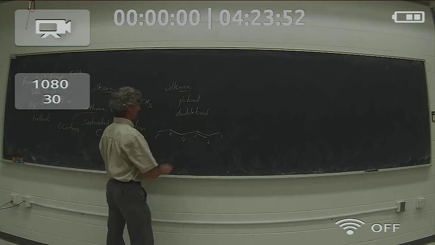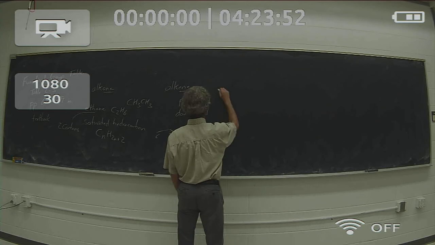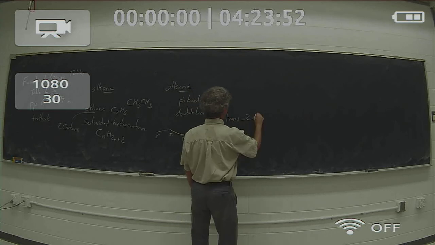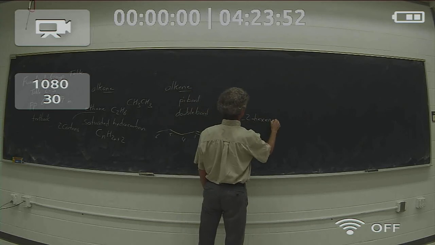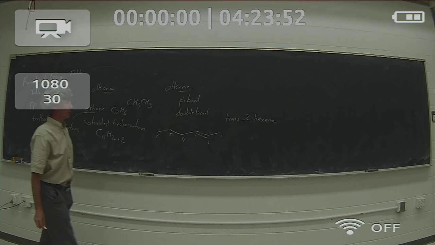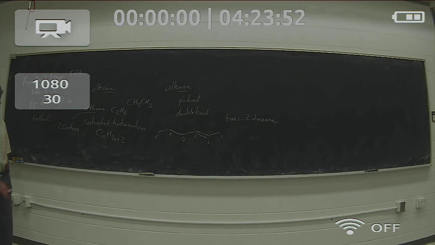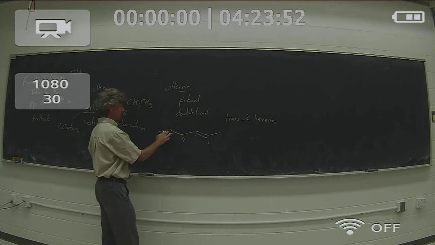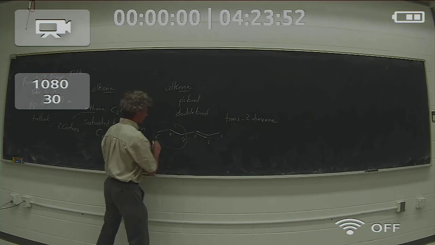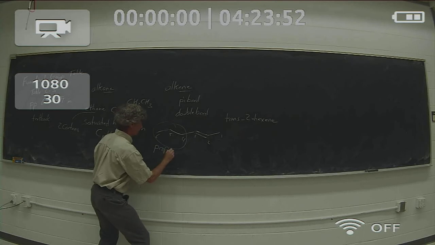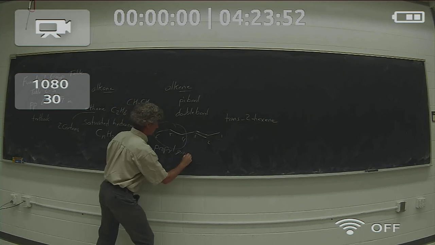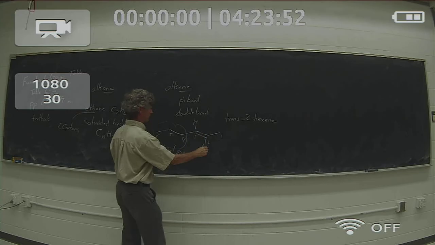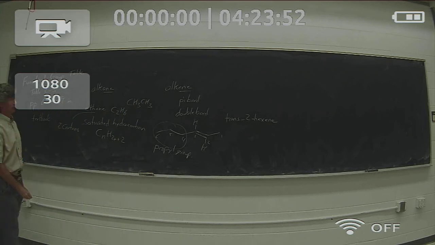This is then named as a hexene and would be trans 2 hexene, indicating that the double bond starts at carbon 2, and the CH3 group and this CH2CH2CH3 group, which would be referred to as a propyl group, are opposite each other on opposite sides. That's the trans stereochemistry.